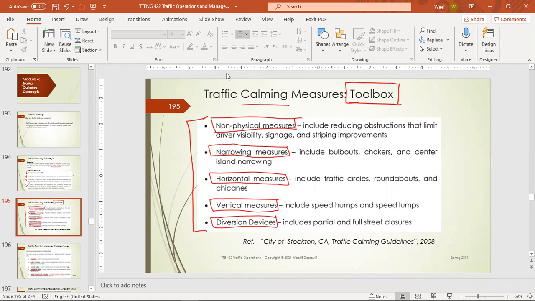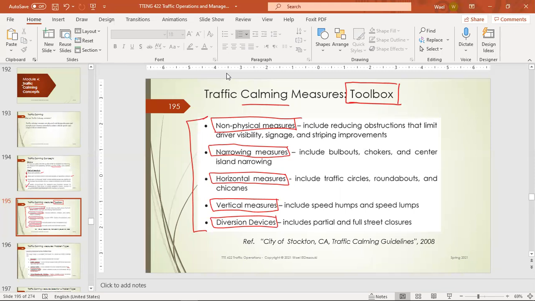For example, the non-physical measures include reduced obstructions that limit driver visibility, signage, and striping improvements. For the narrowing measures, we have pull-outs, chokers, and center island narrowing.